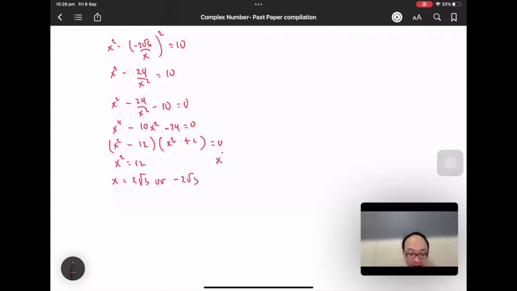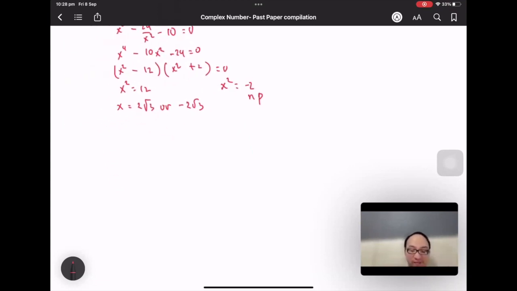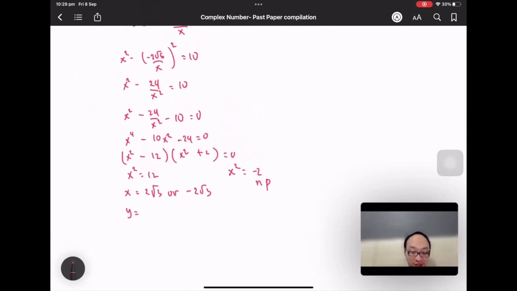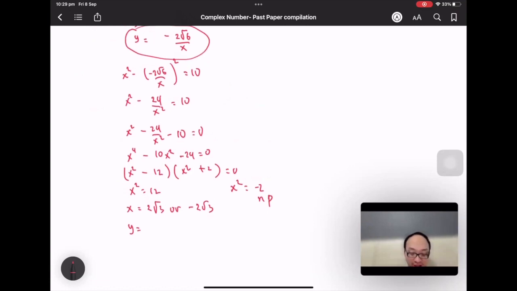And in here, x squared equals negative 2, so this is not possible, because x and y should be real numbers. So in here, y should be, I can put it in here, negative root 2 or root 2.